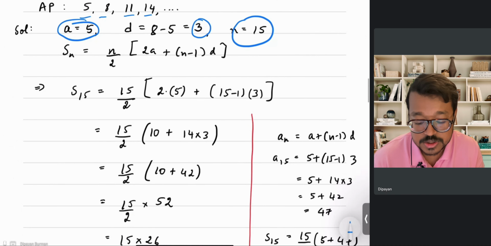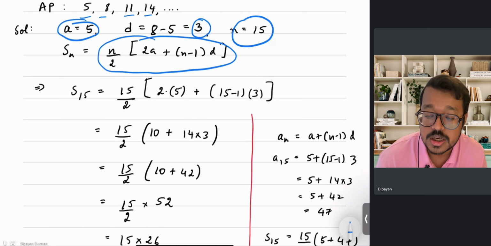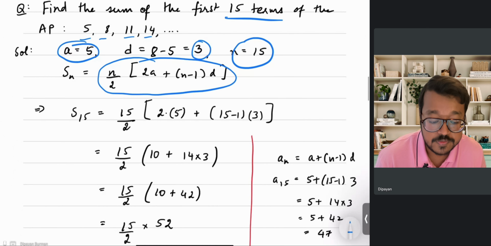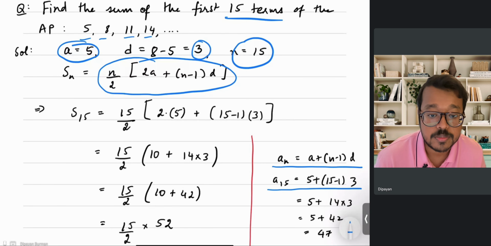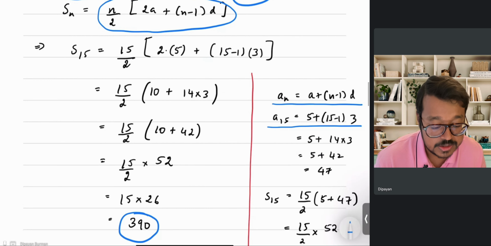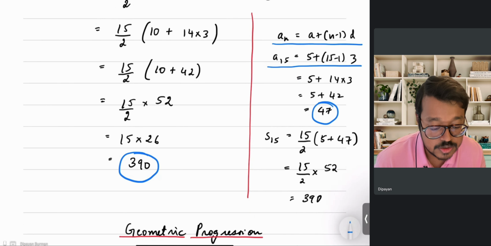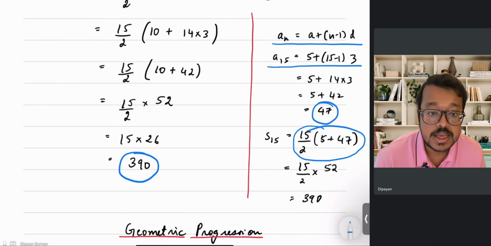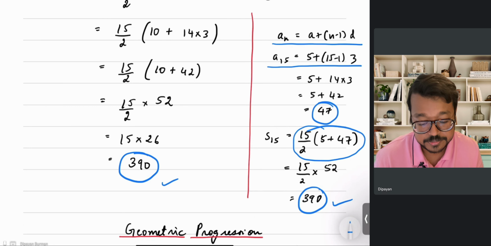I was using this format, n by 2 into 2a plus n minus 1 into d. Otherwise, I can find the 15th term first by using the nth term formula, and I will find that the 15th term is 47. Then the sum is also n by 2 into a plus an. If I use that also, I get the same answer, which is 390.